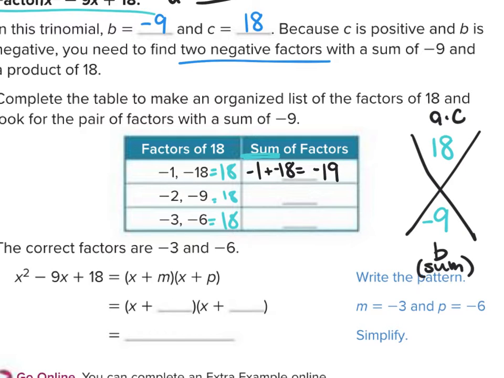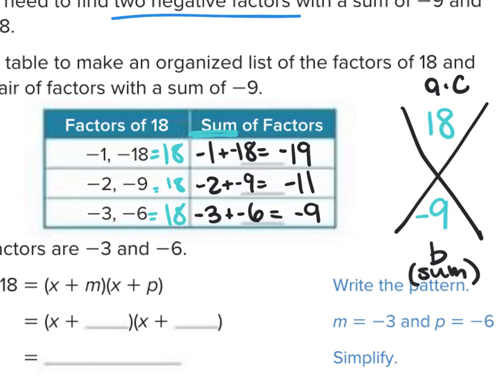Now the second one, negative 2 plus negative 9. I'm trying to test and see if these work. Negative 11. The bottom one, negative 3 plus negative 6. Negative 9.